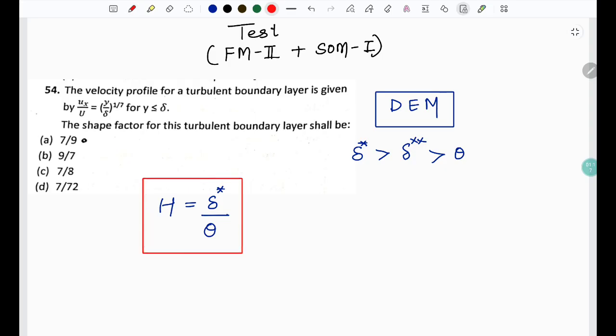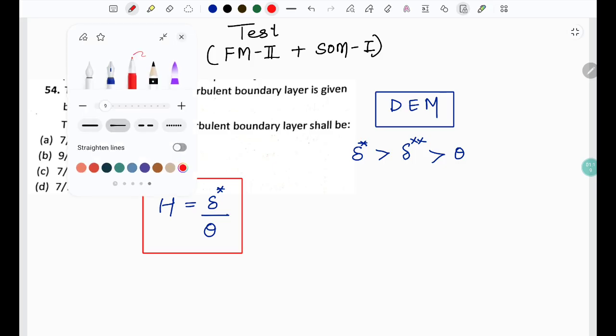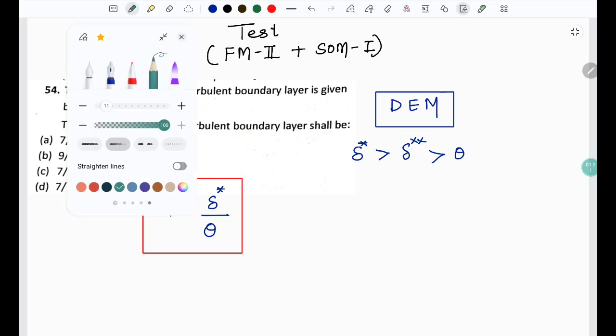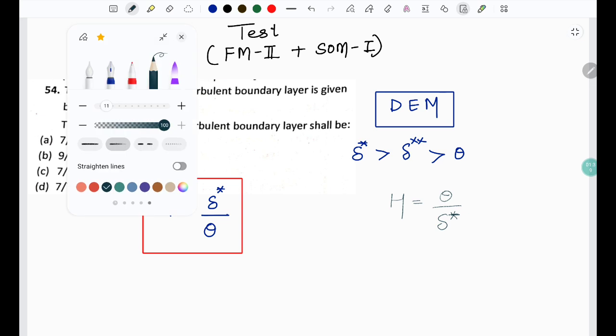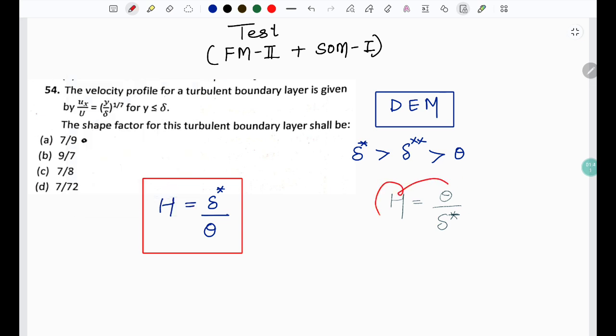But in the exam, what I did was I wrote the shape factor H as theta over delta star. This was the blunder that I did in my exam, and hence I lost a crucial 1.25 marks.